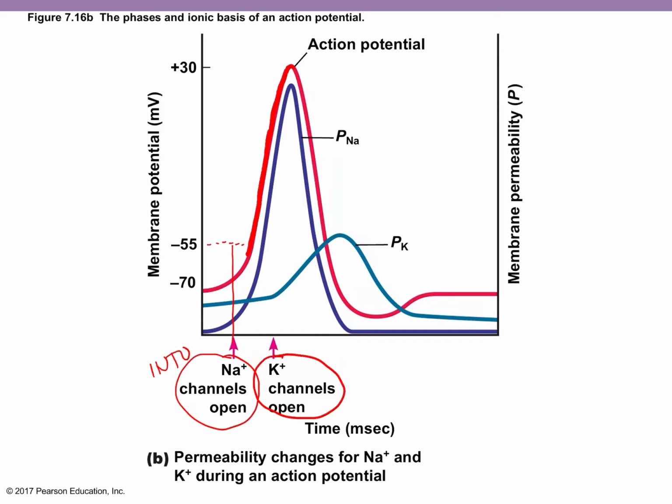So during this time, we're going to stop the influx of sodium, and we're going to begin the efflux of potassium. So we're going to drive the potential more and more negative. And since the potassium channels are very slow to close, they're going to have this efflux occur much longer. And remember that the equilibrium potential for potassium was -94 millivolts. So it's actually even more negative than your resting potential.